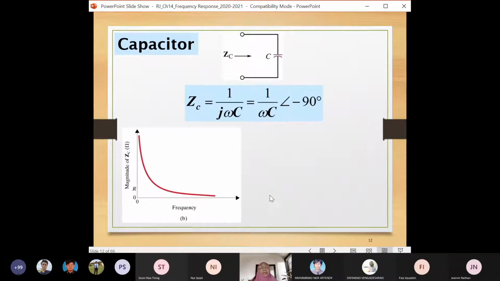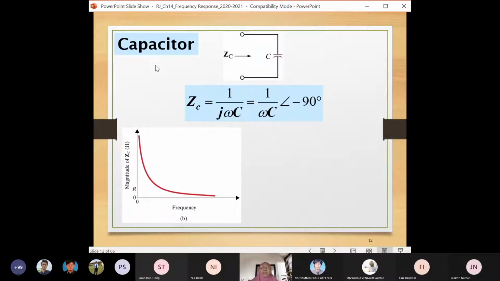If you plot the magnitude of the impedance against frequency, at zero frequency, which is a DC supply, the impedance of a capacitor is very high. Why?